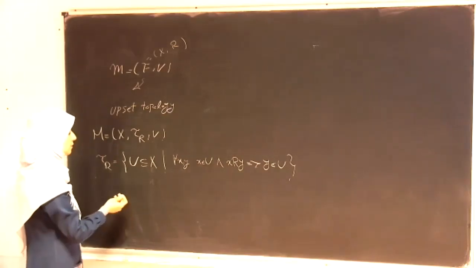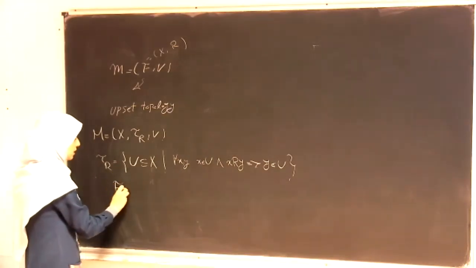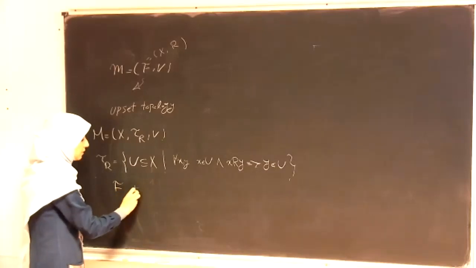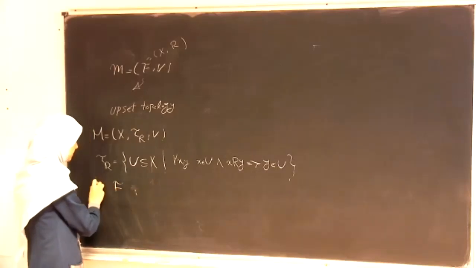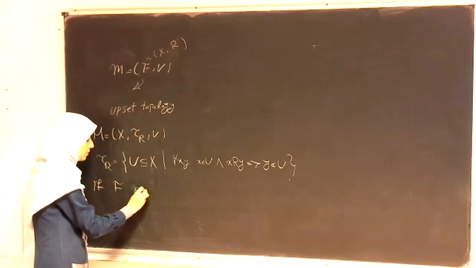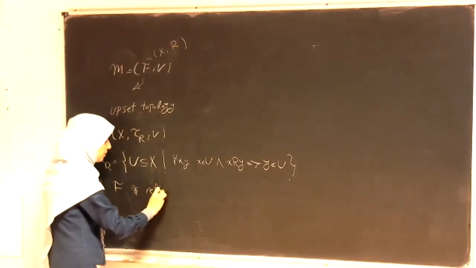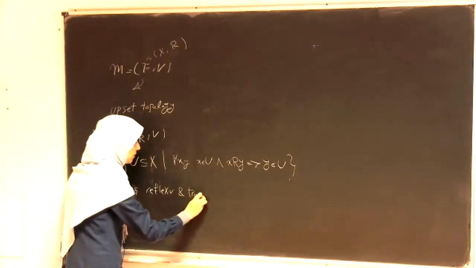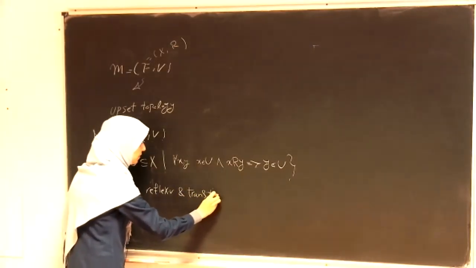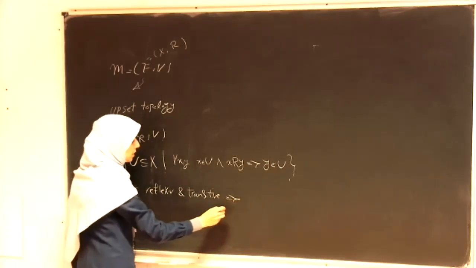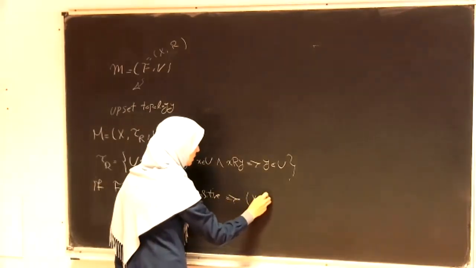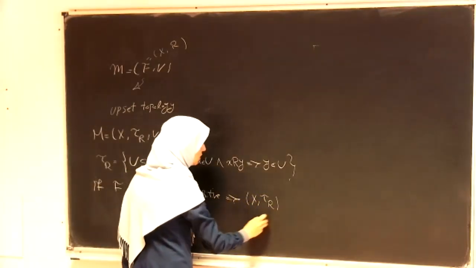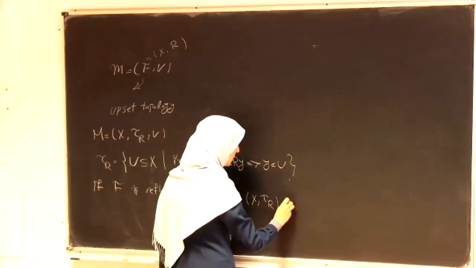And we saw that if F is transitive and reflexive, then the space X and tau R is an Alexandrov space.